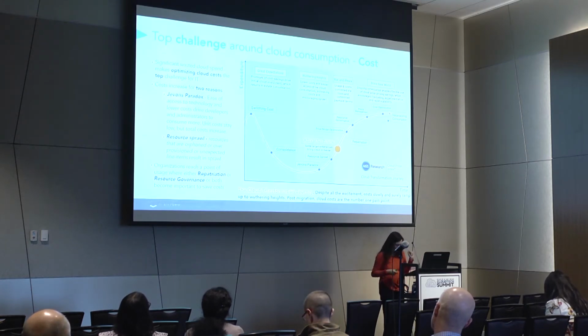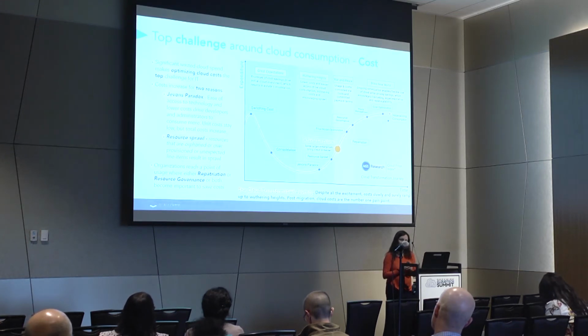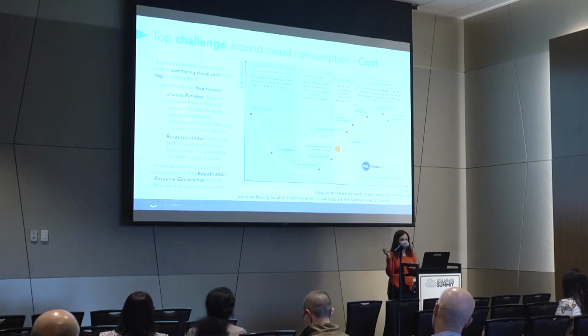The second part, though, I found that to be more interesting, which is called Jevons paradox, if I'm pronouncing it right. And what that really states is that because of the extremely low barrier to entry, which is resources are available for a very easy access, and the unit costs appear to be extremely low, which is true, right? Public clouds always publish their unit costs, which are always really low.